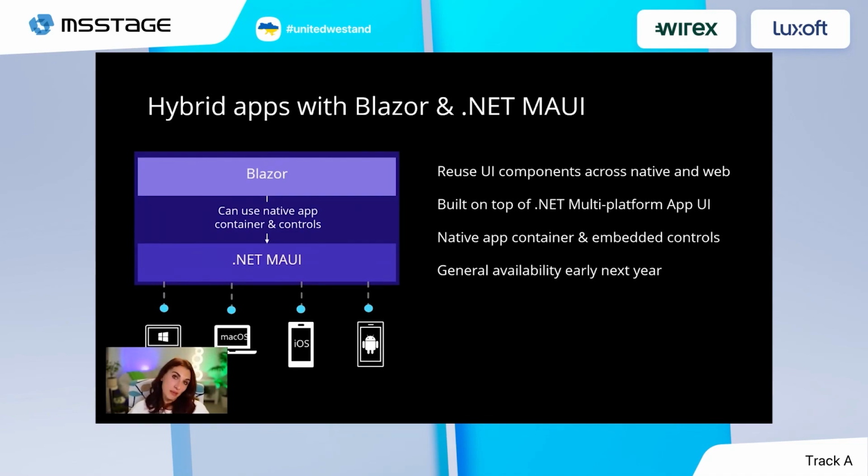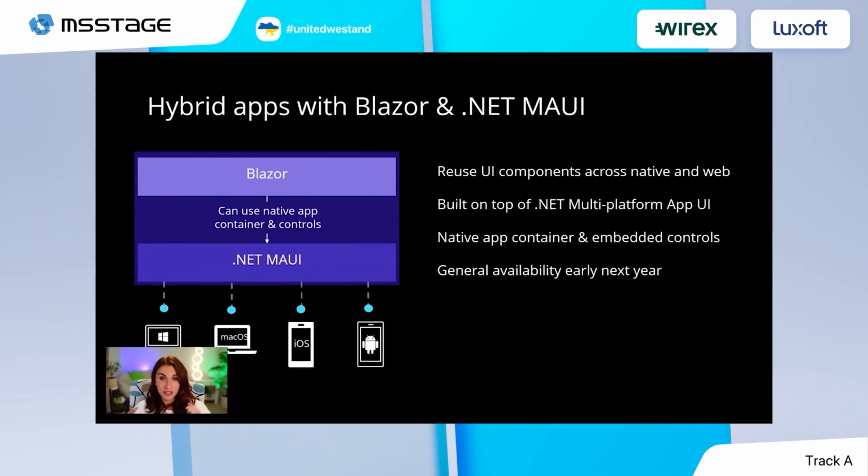So if you're a web developer, you want to build a desktop app, you don't need to learn new technology, you can keep being a web developer, and now you can put your web inside a desktop application. Blazor hybrid app is built on top of .NET MAUI.